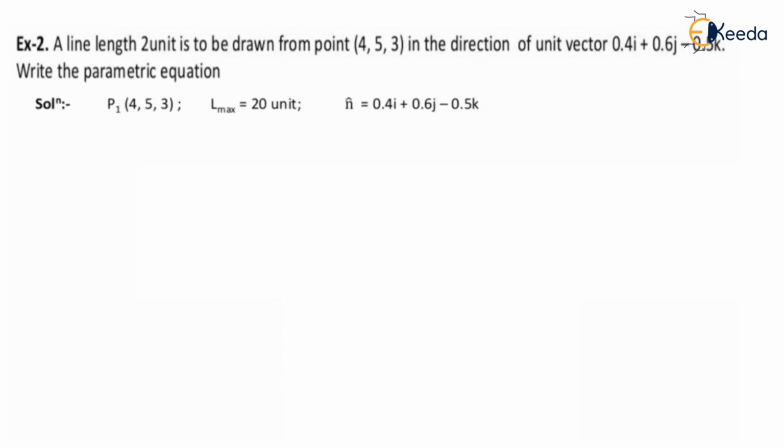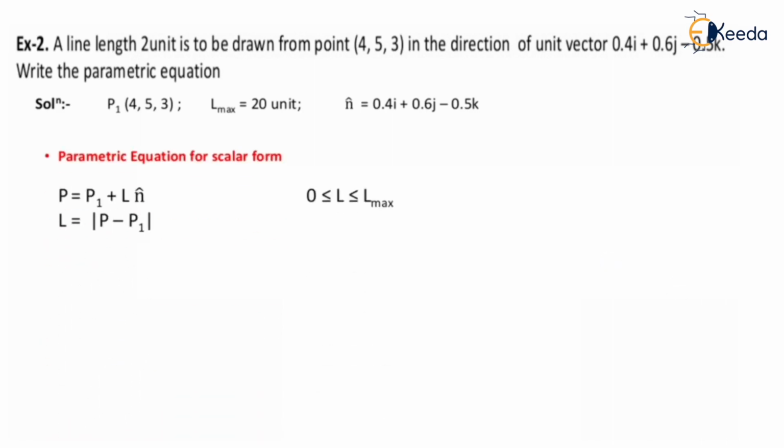The point P1 is given as (4, 5, 3) and L max is 20 units, and n cap is given as 0.4i + 0.6j - 0.5k. We have to find the parametric equation.